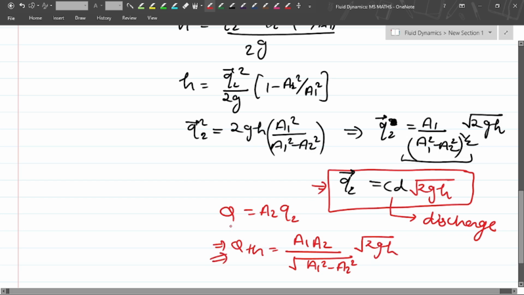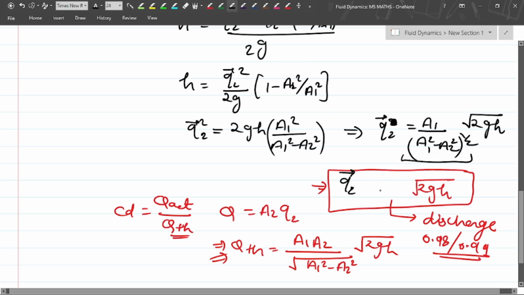This is the theoretical value that we will compare with the actual. The value of Cd is 0.98 to 0.99 for the ideal case, and Cd is the ratio of the actual Q upon the theoretical Q. So this is the formula.